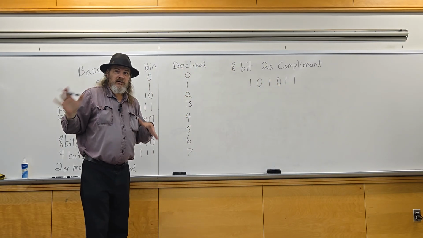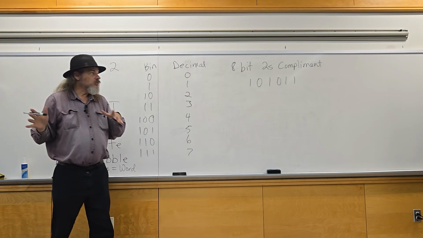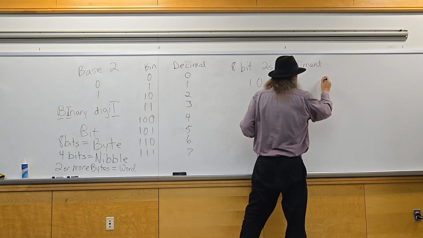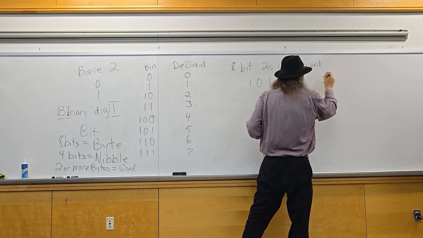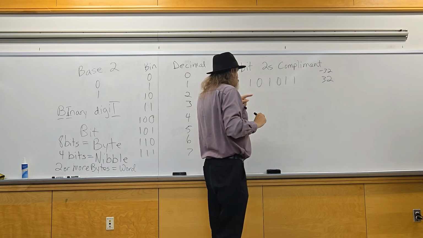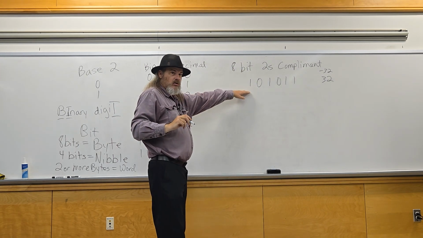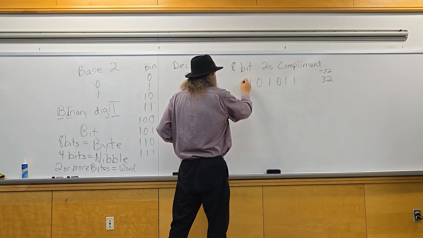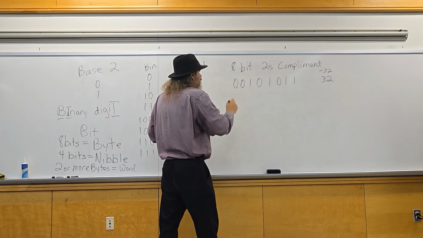You want it to be 8-bit, so we only have 6 here. This is 32, and we want negative 32. So you convert it to binary, and you add leading zeros to fill out the 8 bits.